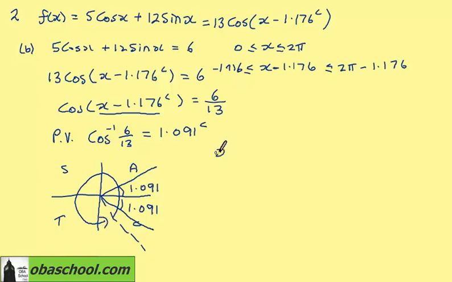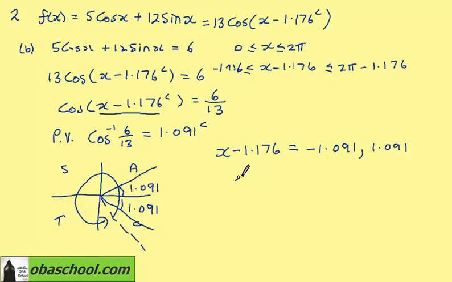If we do that, we get x take away 1.176. The first angle we meet is this one, which is at minus 1.091. The next one we meet is this one, which is 1.091. And we don't meet any others.